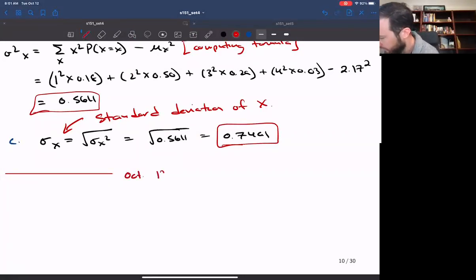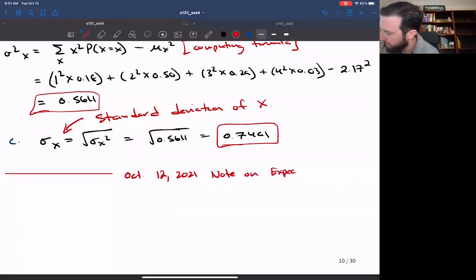October 12, 2021. Note on expected value.